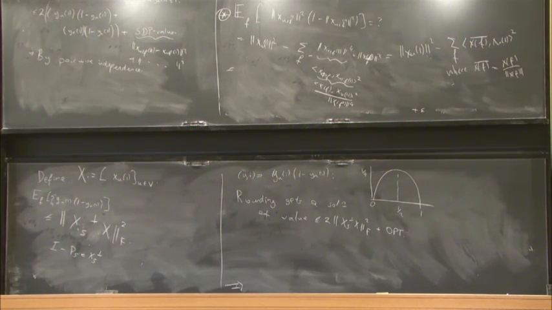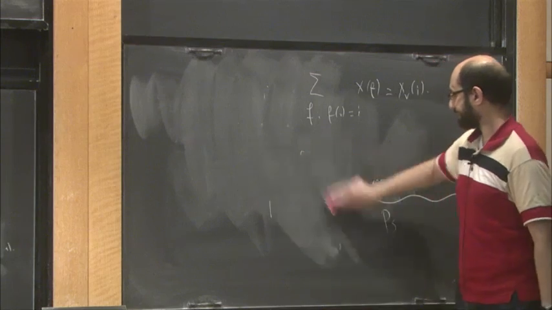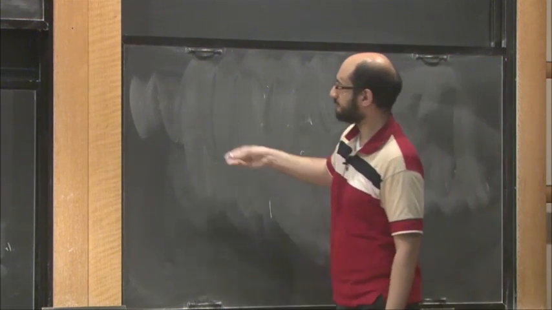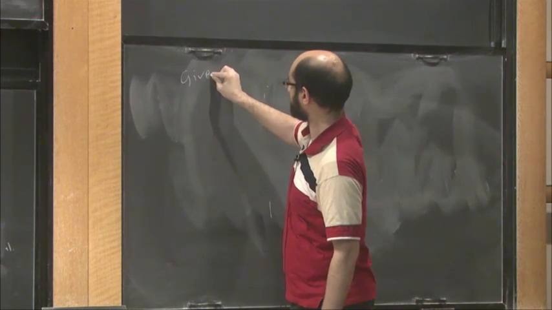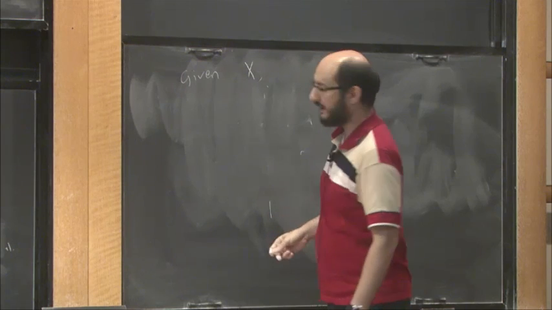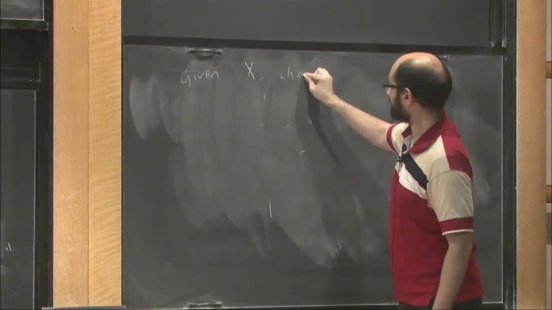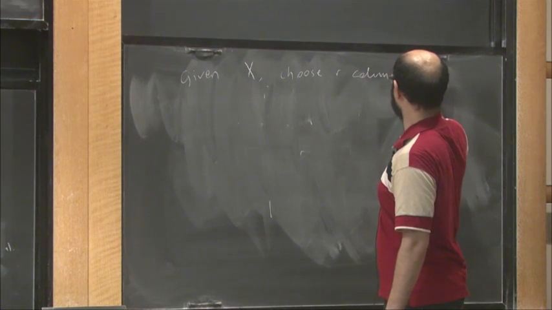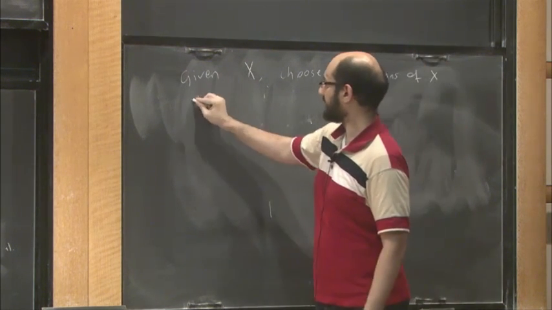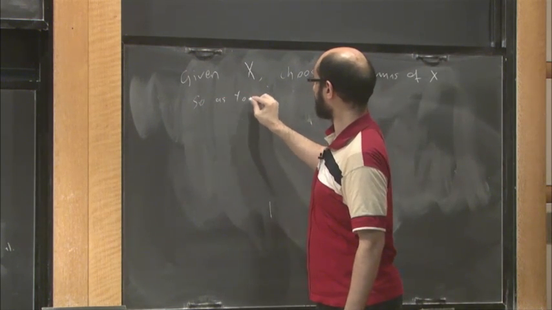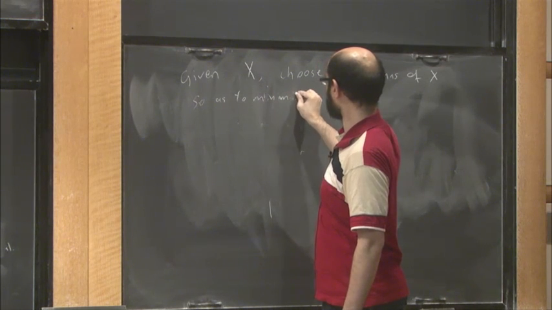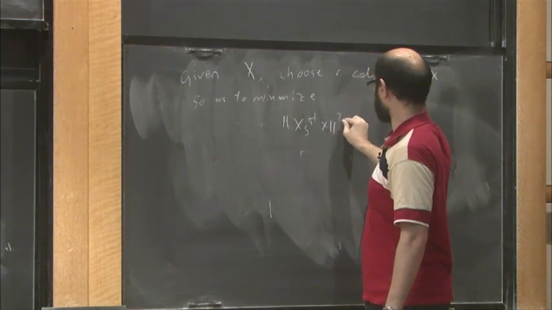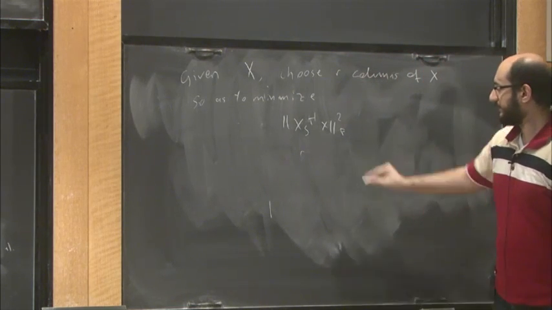So the question is now, I'm trying to choose R columns of X so as to minimize this, right?